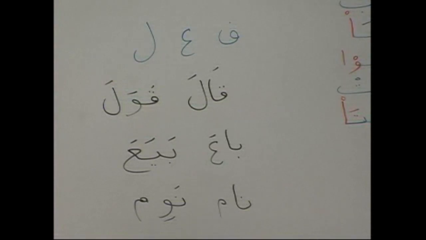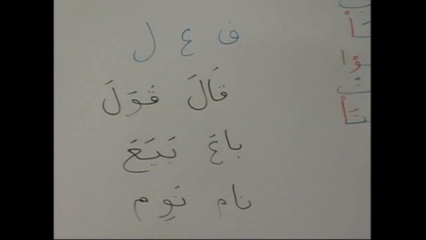Are you with me? It has changed into alif. So, kala is kawala, but how do I know? We have to go to mudhari'. When you go to mudhari', the ain kalima becomes visible.